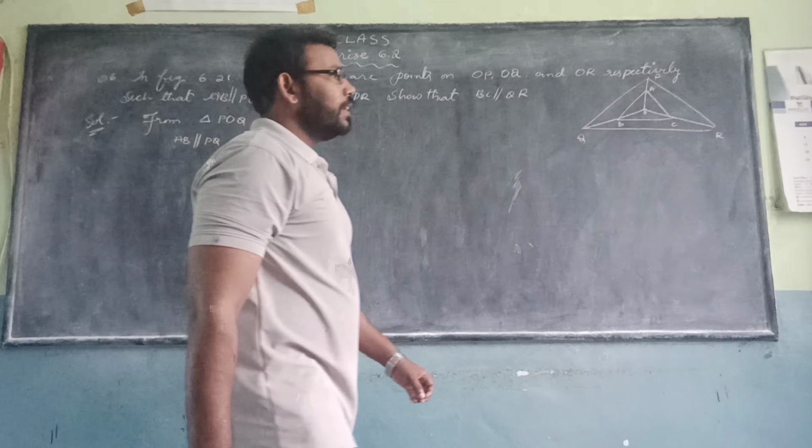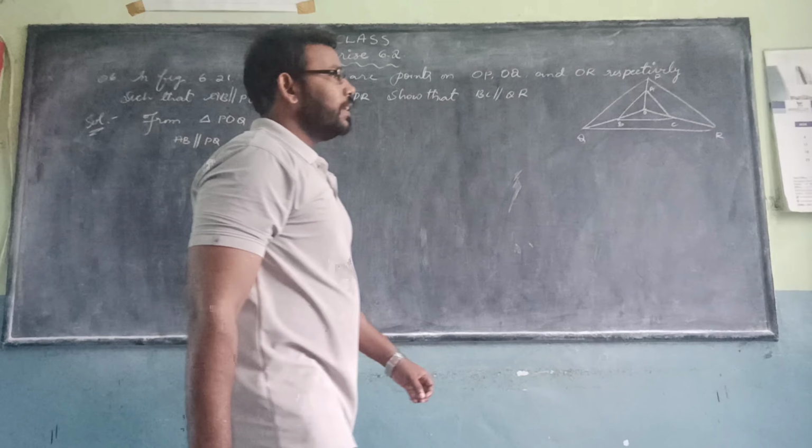Here A is a point on OP, B is a point on OQ and C is a point on OR respectively, such that AB is parallel to PQ. Here given that AB is parallel to PQ and AC is parallel to PR, show that BC is parallel to QR. We have to prove BC is parallel to QR.